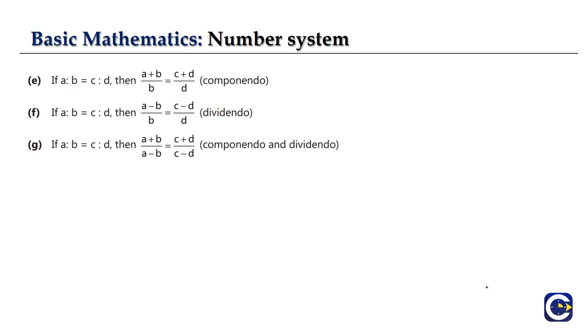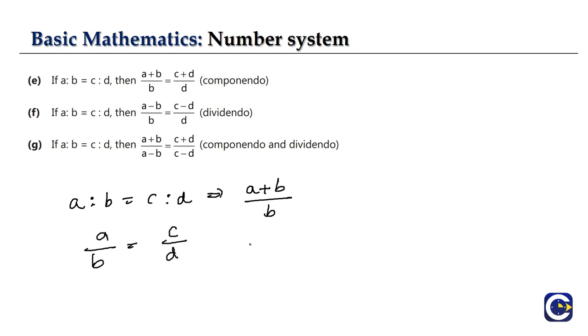And the next three properties we have for proportion are componendo, dividendo, and both componendo and dividendo. So when we say proportional, the two ratios have to be equal. So a is to b is equal to c is to d. For example, a by b is equal to c by d.